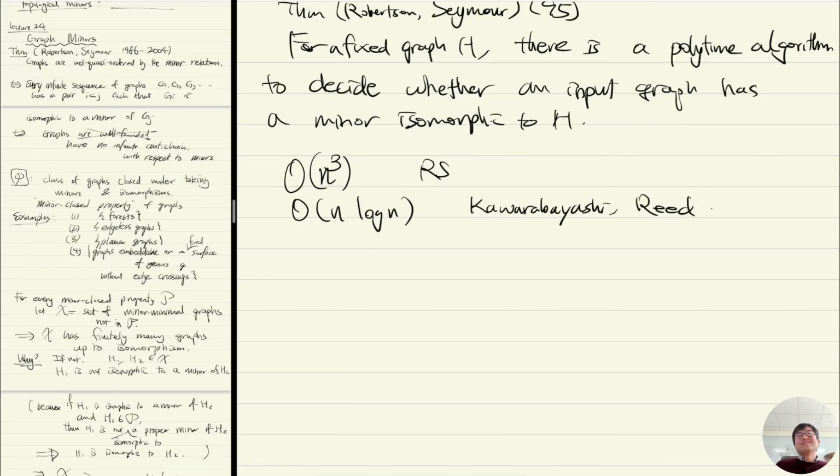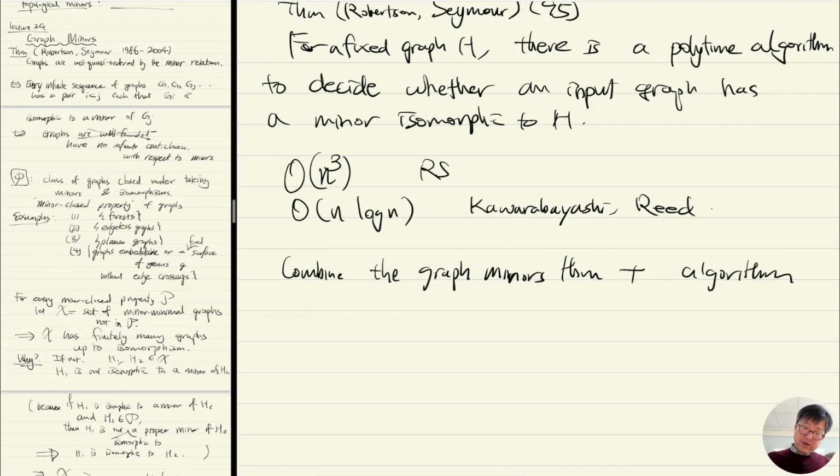I don't remember whether this paper is published already or not. So, if we combine the two theorems, the graph minors theorem together with this algorithm, then we have a nice corollary.